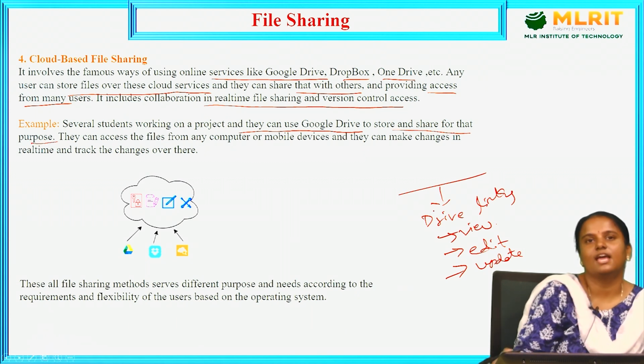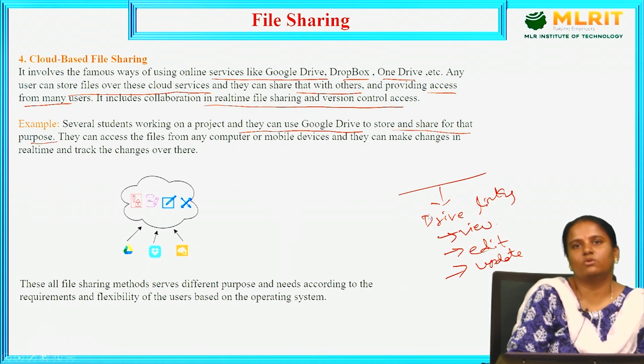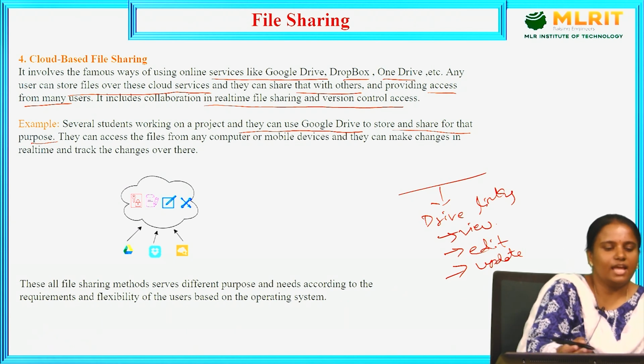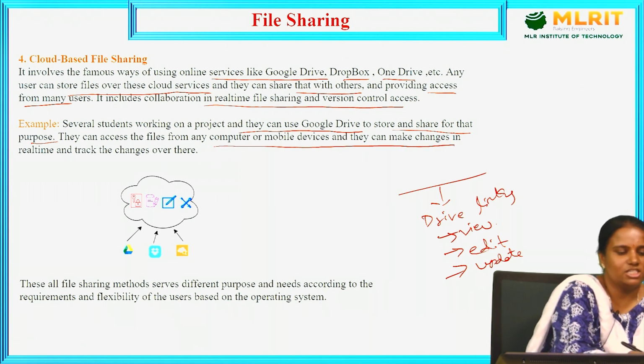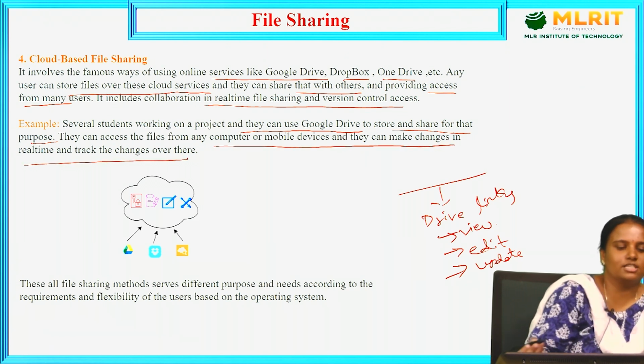So several students are using some Google Drive links and they are storing them for the project work, and the project work can be shared only to the particular user. Only that particular user can access it by viewing. So he cannot edit or do any updates. They can access the files from any computer or mobile devices, and they can make changes in real time and track the changes over there.